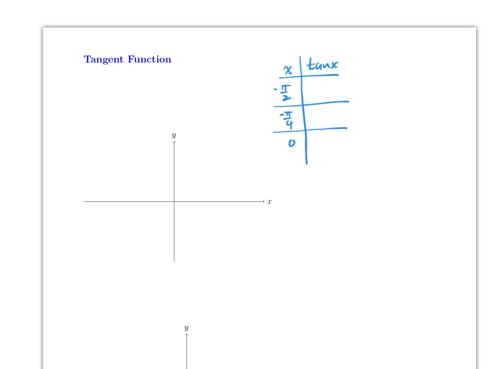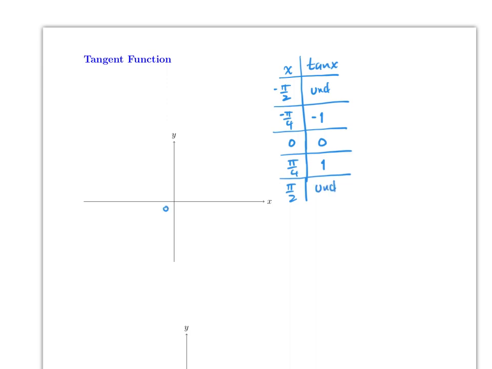We're going to use 0, pi over 4, and pi over 2. And you should memorize these values. At this point, this will be 0. This is actually 1, negative 1. This is undefined, which means it doesn't exist. And at this point, it's also undefined.